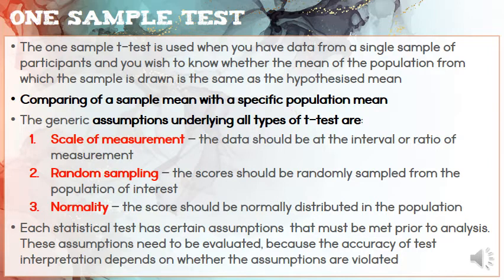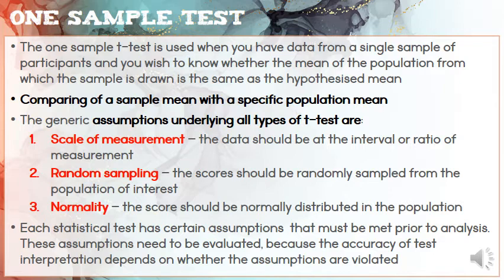So in this first part, okay, kita akan tengok hypothesis testing for one sample only. So the one sample t-test is used when you have data from a single sample of participant and you wish to know whether the mean of the population from which the sample is drawn is the same as hypothesized mean, right?